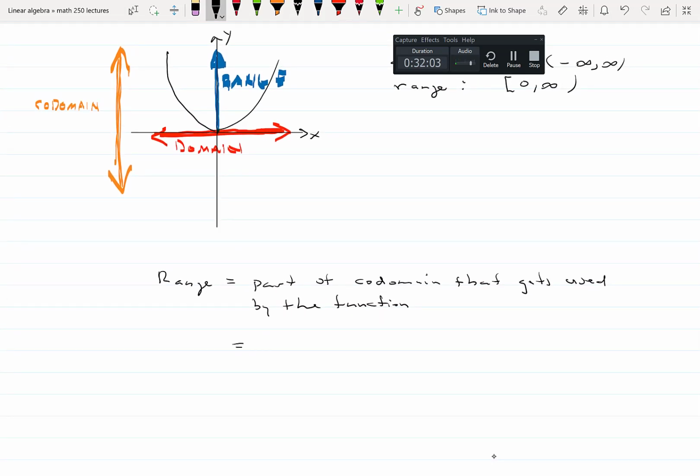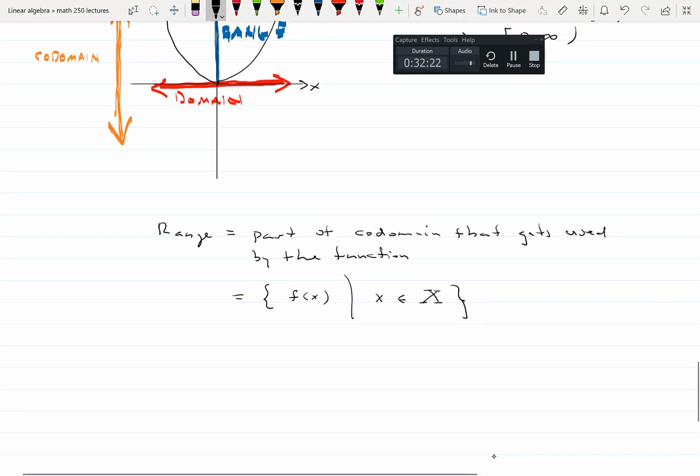More technically, it's the set of all f of x values such that x is in the domain. In algebra we called that the set of all y values. I hope this is clear.